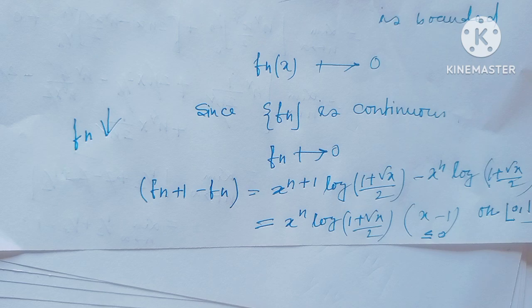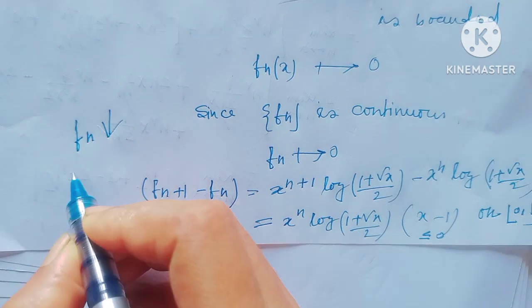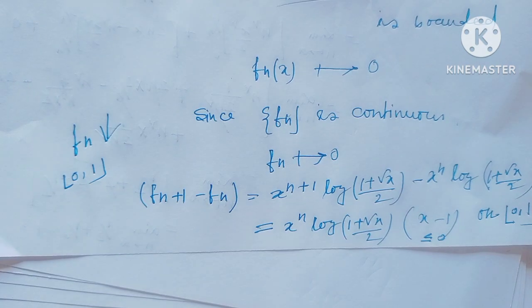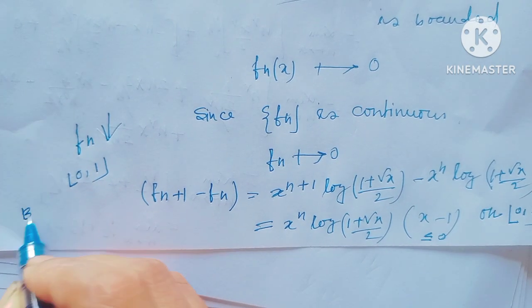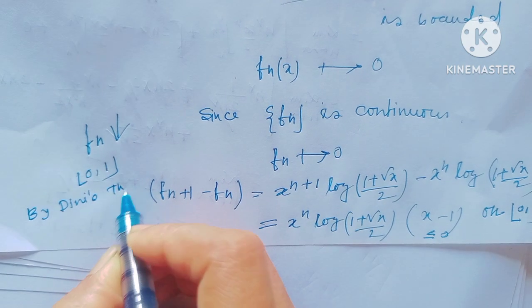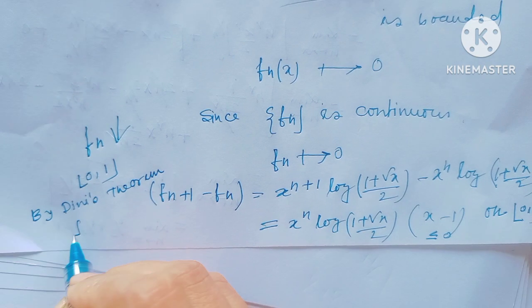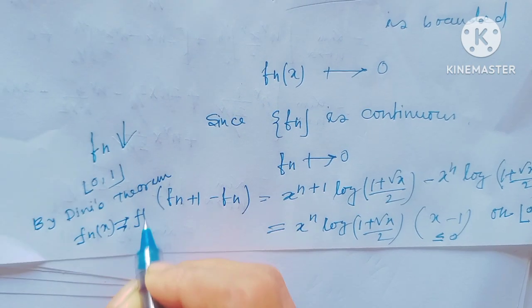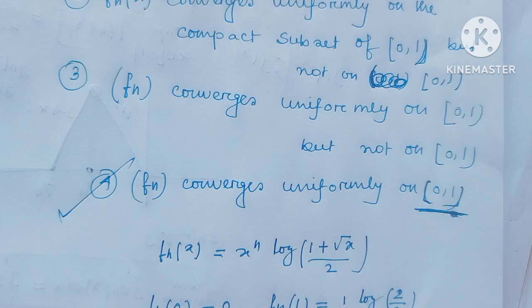Since the sequence is monotonic on the closed interval [0, 1], each function fn is continuous, and fn is defined on the closed interval [0, 1], by Dini's theorem we can tell fn(x) converges to f(x) uniformly on the closed interval [0, 1]. That means this is the right option.